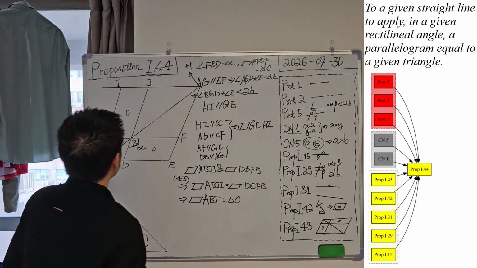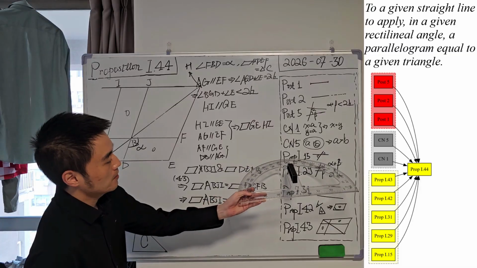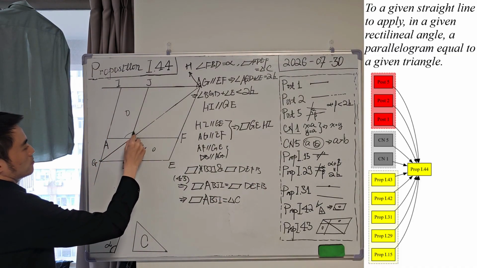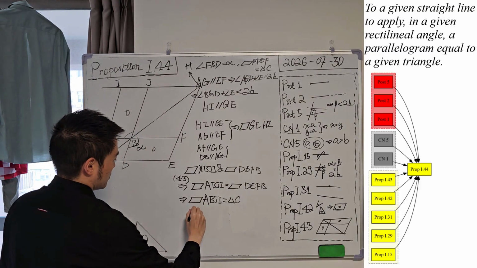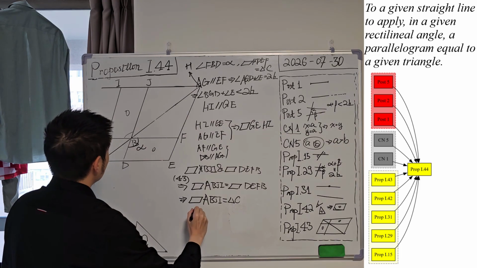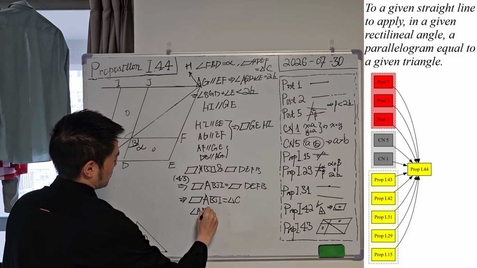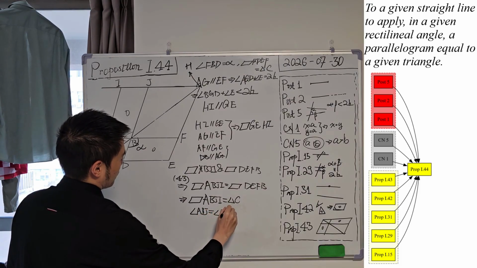And also please recall proposition 15, which says vertical angles are equal. So these two angles are vertical angles, so we know that angle ABJ is equal to angle DBF.